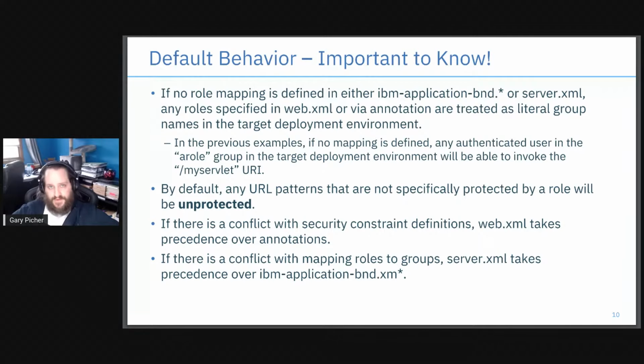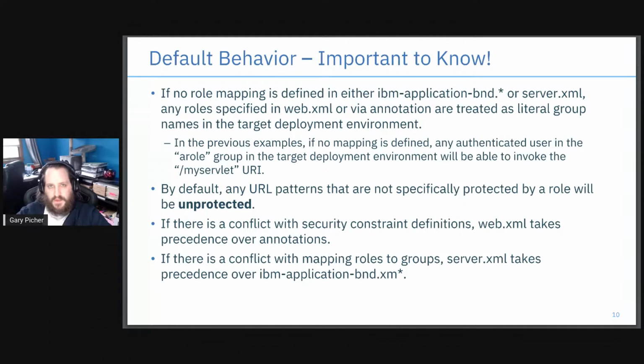So going back to the previous example, if the application defined a URL pattern and said, hey, only people with the role a role can access this URL pattern, and if nobody actually maps a role to a group in the target deployment environment, the default behavior is we'll actually look for a group called a role in the target deployment environment, and if that group happens to exist and the authenticated user is a member of that group, they will be able to invoke that URL pattern.